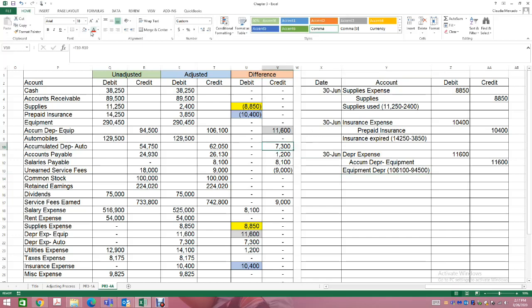Now we have this one right here, 7,300. So the same thing, but now we're depreciating an automobile. June the 30th.